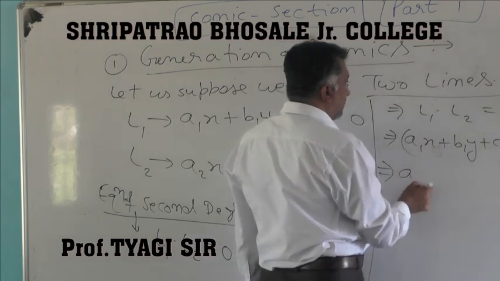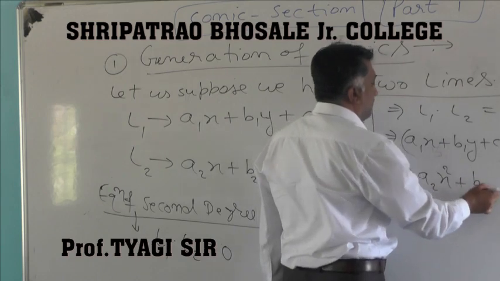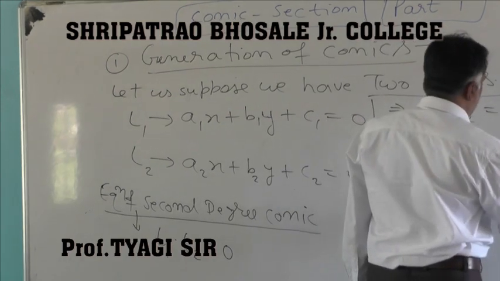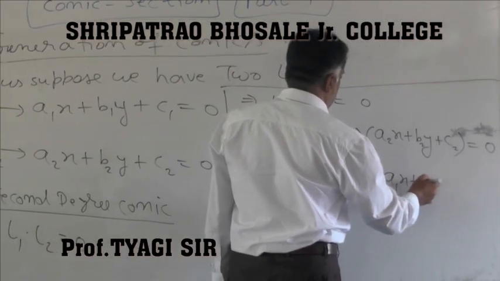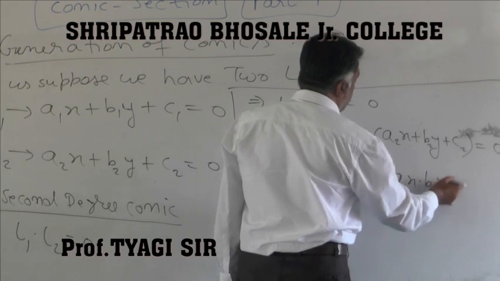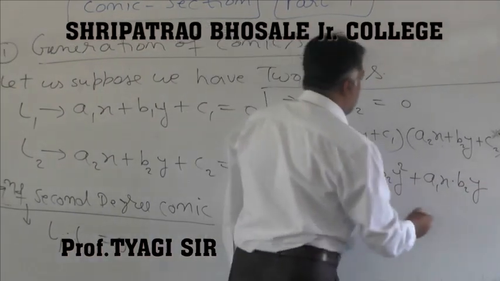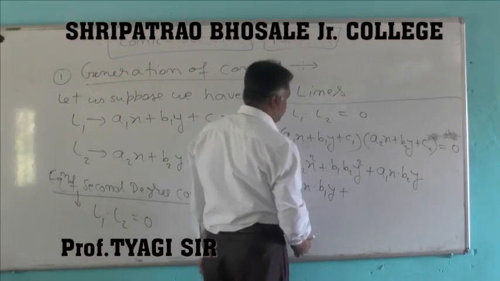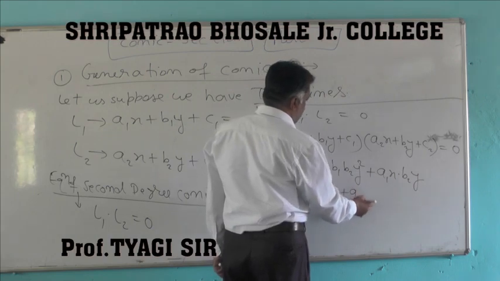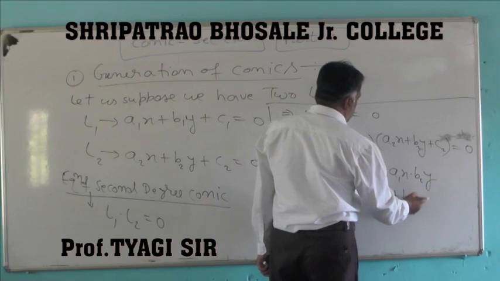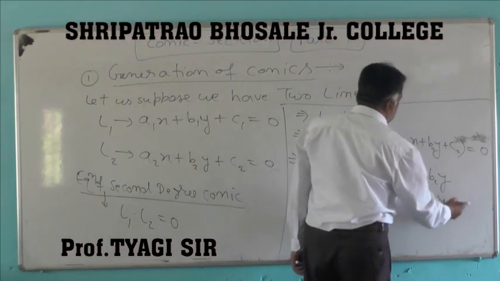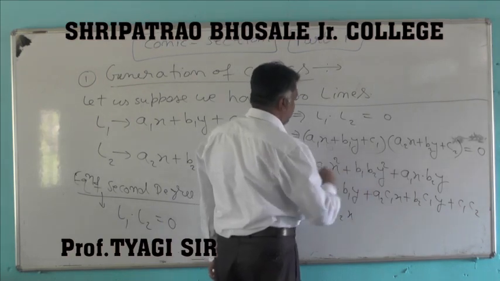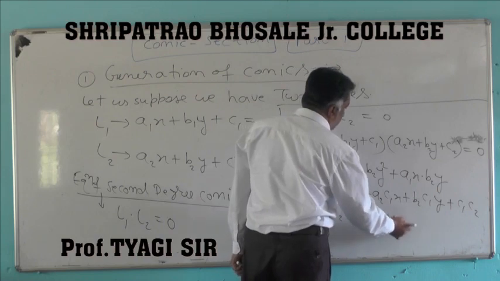By multiplication we can write A1A2 x square plus B1B2 y square plus (A1B2 plus A2B1) xy plus A2C1 x plus B2C1 y plus C1C2, and similarly A1C2 x plus B1C2 y, equal to 0.